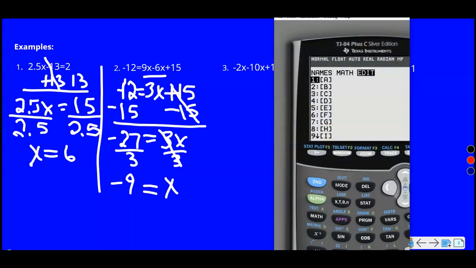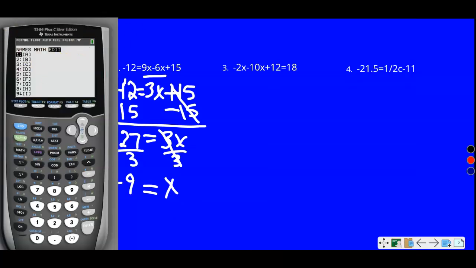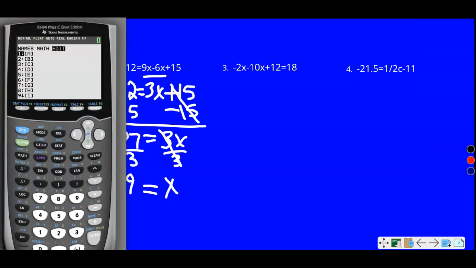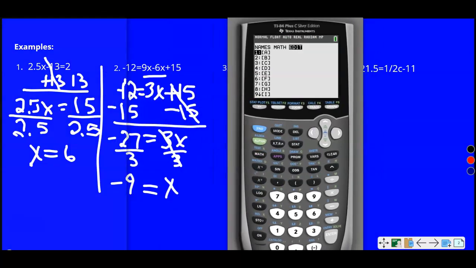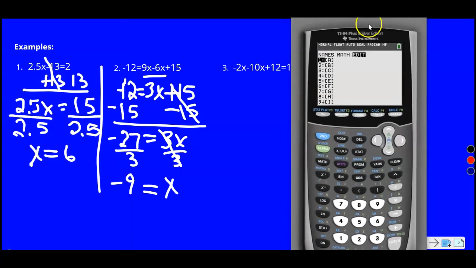Let's pull up the calculator here. All right, so let's hit clear. What we're going to do is just plug the negative 9 in for x in both places here. We're just going to plug the right side of the equation in and see if we get that it equals negative 12.